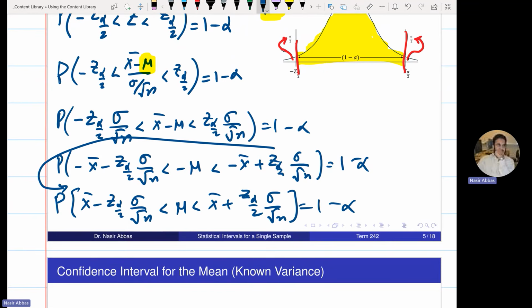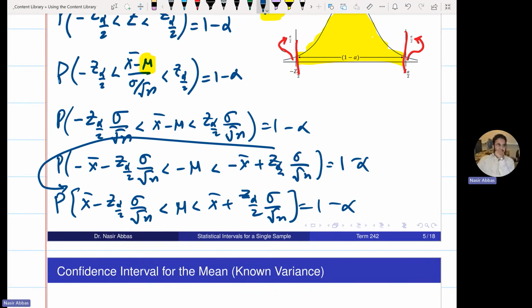So the probability that your mu will be captured between these two limits is 1 minus alpha, and this is called an interval estimate for mu. The probability that your actual unknown quantity mu will be captured between these two values. Which two values? X bar plus minus a value from the z table multiplied by sigma over square root of n.